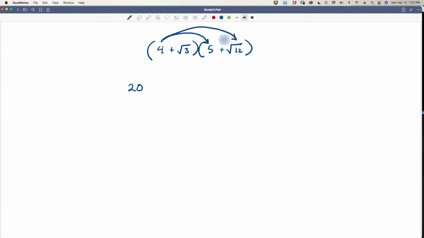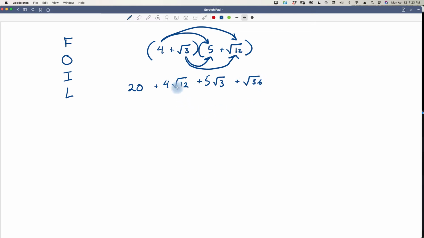Outer, okay, so the first was 20. The outer is going to be plus 4 times the square root of 12. The inner is 5 times the square root of 3, and the last two numbers is going to be the square root of 36.